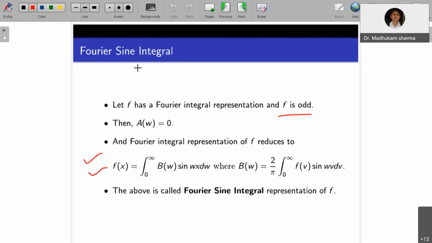By looking at the sine integral and the cosine integral, we can define the Fourier cosine transform and the Fourier sine transform. Later on we will define the Fourier transform.